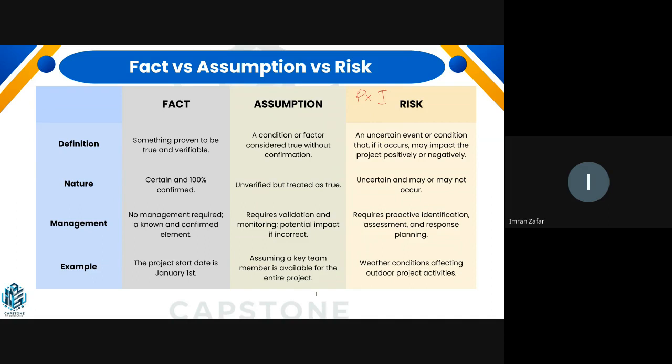But you will not be telling them only one part of the thing, that okay, this risk can happen. You will be telling them your entire plan.